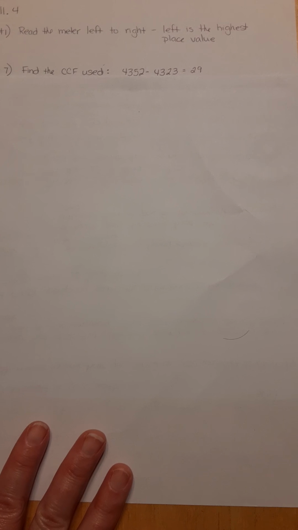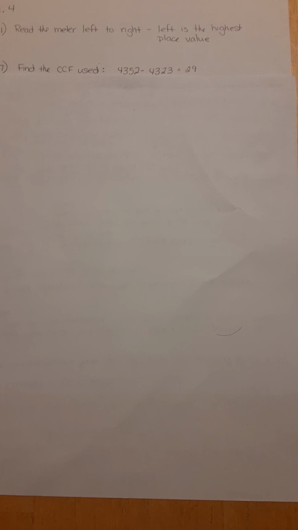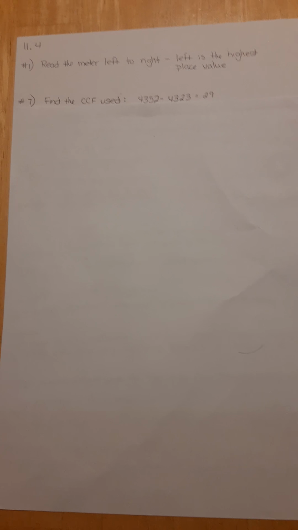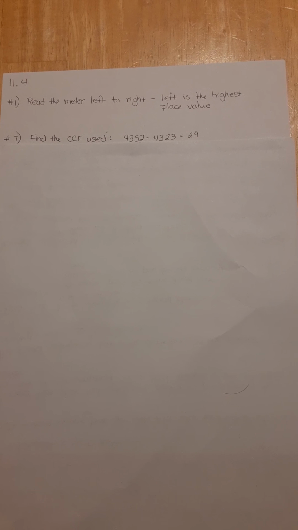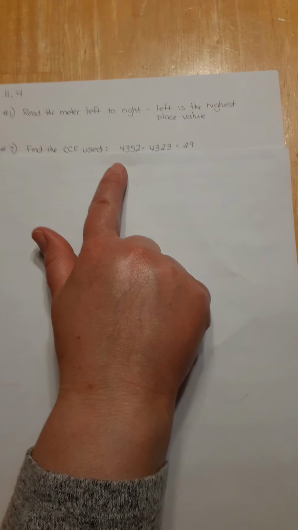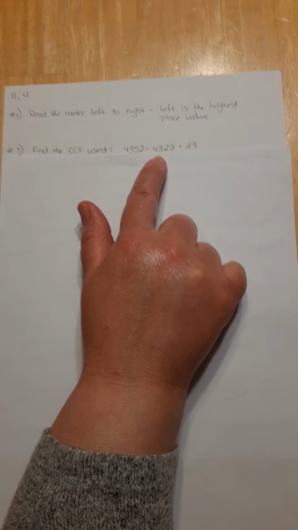Now we get to problem number 7, and problem 7 starts section B, where they're asking us to find how many therms we used for the month, and then what was our monthly charge. So to do that, we've got to find our CCFs that we're using. And remember, it's already converted to CCFs for us with our meter readings. So I'm going to take the end of the month reading and subtract it from the beginning of the month reading.